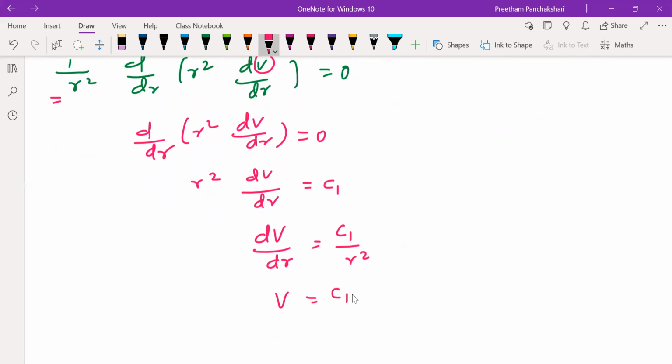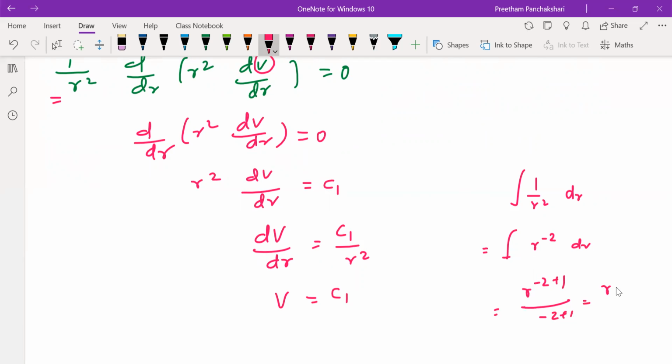So V is equal to c1 times the integration of 1 by r square, which is minus 1 by r. If you want to have it, r square can be taken as r power minus 2. So the integration of this one is r power minus 2 plus 1 divided by minus 2 plus 1.